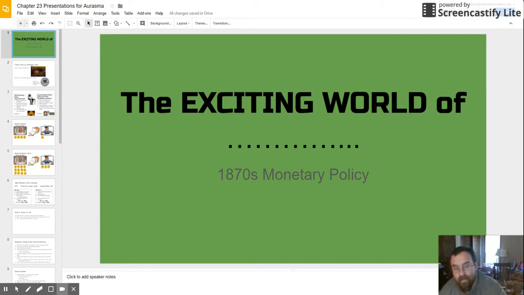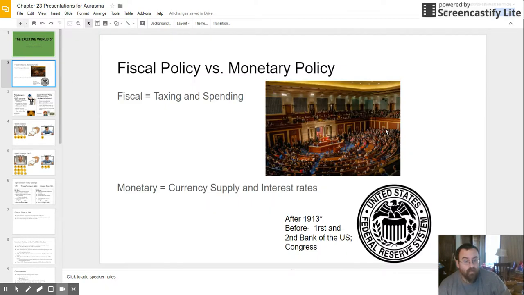But monetary policy and tariff policy are going to be the two major differences between the Republicans and the Democrats between the 1870s and 1890s. After that, it gets into expansionism and other things, but that's for another time.